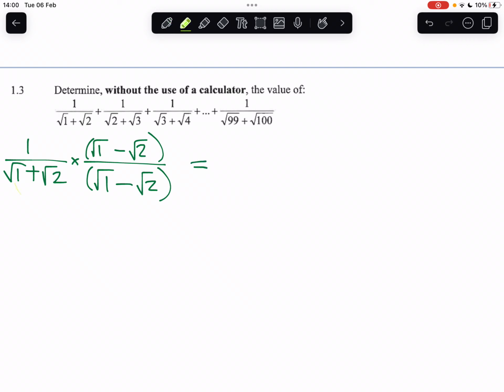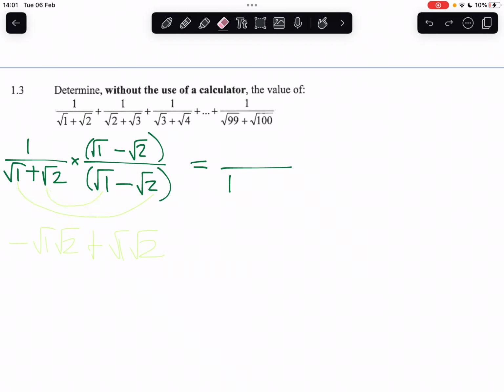So you're not actually changing this number, you're just timesing it by 1. So this is going to be root 1 times root 1, which is just 1, and then root 1 times minus root 2 plus root 1 times root 2. Those are going to cancel out, because we're going to have negative root 1 root 2 plus root 1 root 2. The plus is from here, the minus is from here.